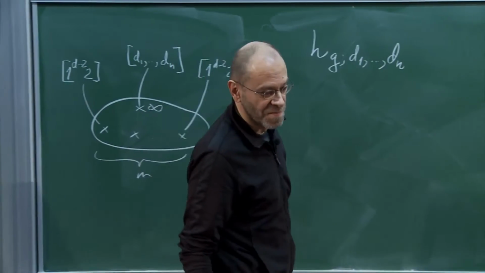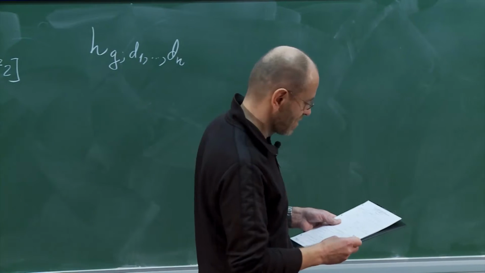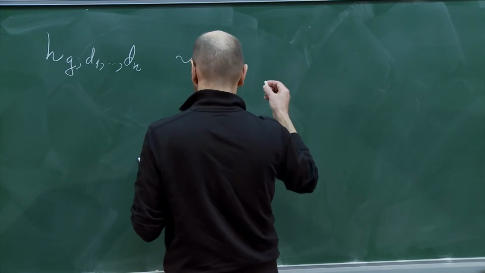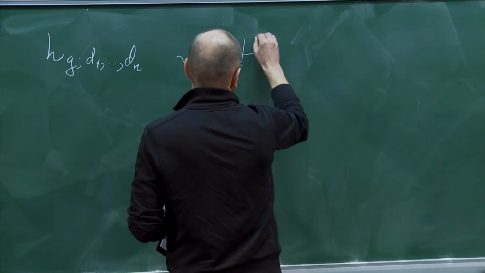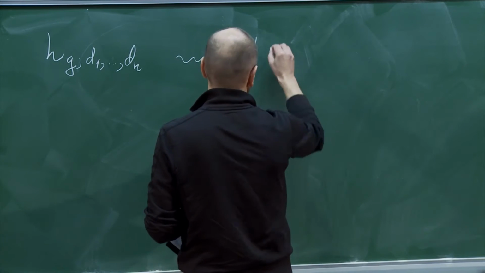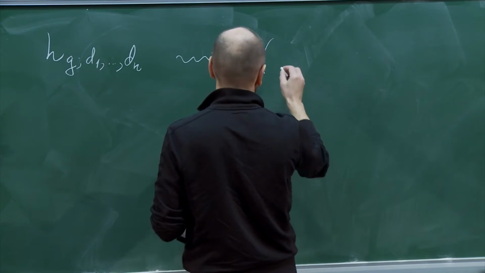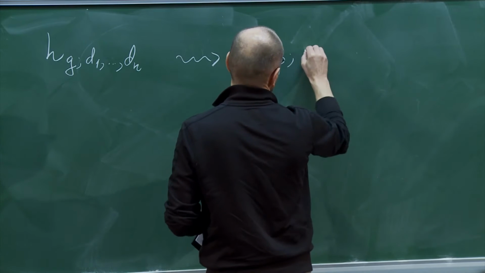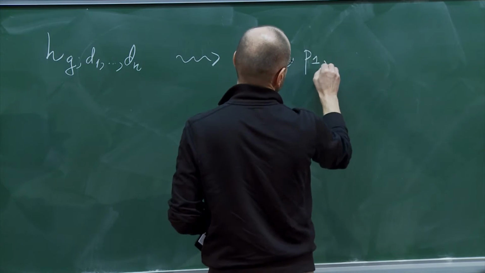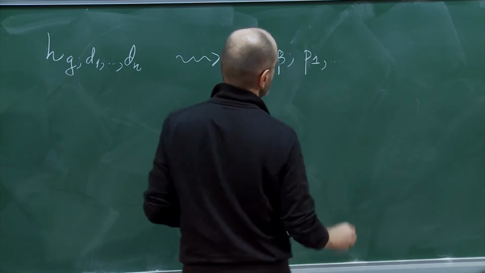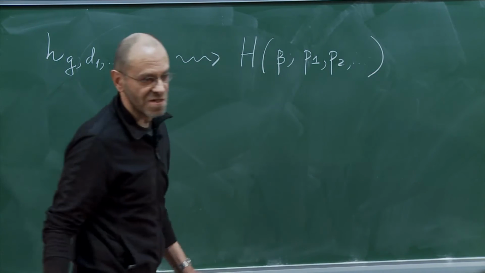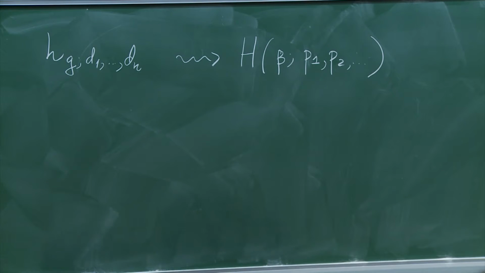These numbers can be packed into a generating function that was denoted by h, and it depends on a parameter beta and the infinite number of variables p1, p2, and so on. So I'm trying to stick to the notation of Maxim Kazaryan here.